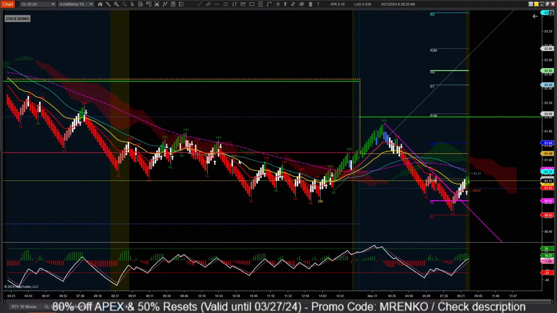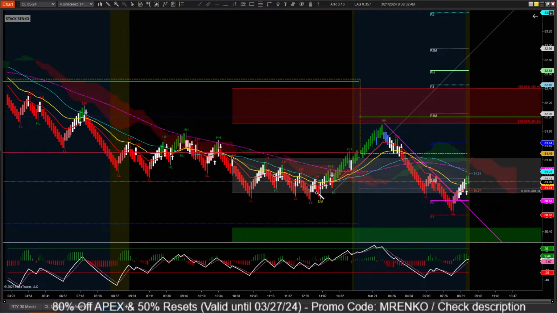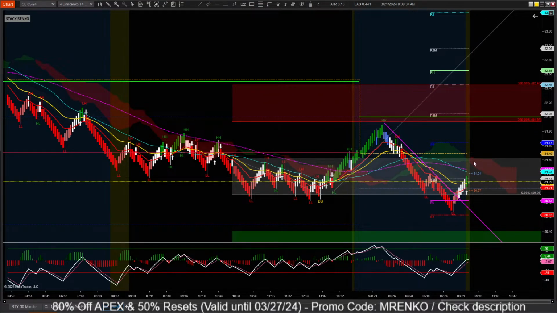We are within yesterday's range. So one possibility would be to take this range here, and we're right in the middle now.